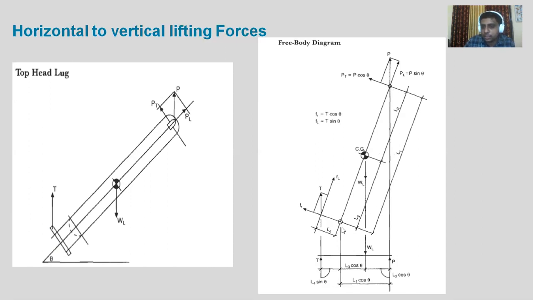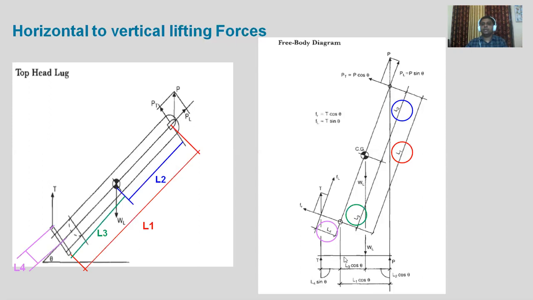So L2 cos theta is from weight to the vertical reaction, and L3 cos theta is from this point of the axis till the WL, and L4 sin theta is the distance between these. So this is a free body diagram.